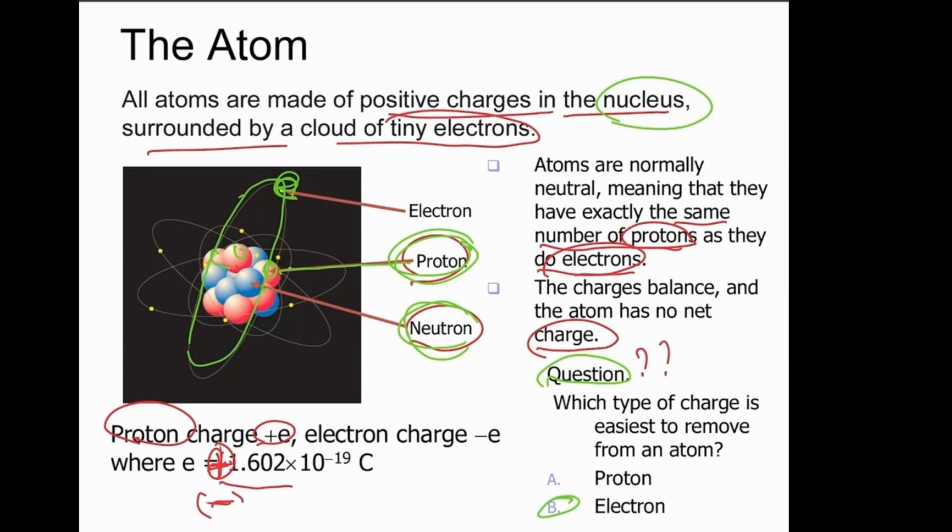So how do we remove the electron? We can use energy, for example heat, and then the electron can move away from this atom. So what happens if the electron moves away?